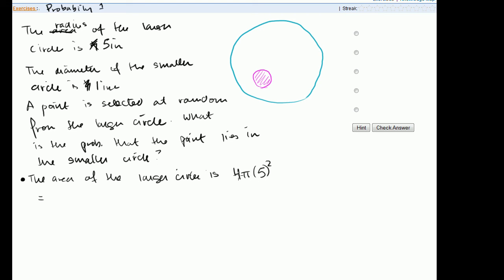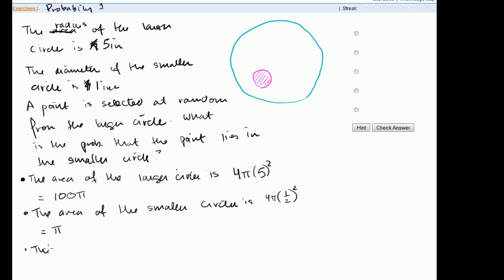So this is 25 pi, which is equal to... actually, 4 times 25 is equal to 100 pi. And then we say the area of the smaller circle is, well, its diameter is 1 inch, so its radius is half an inch, so 4 pi times 1/2 squared, which is equal to, well, 1/4 of 4, which is just going to be equal to pi.